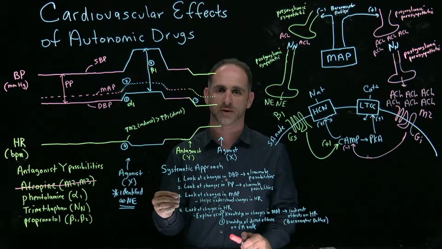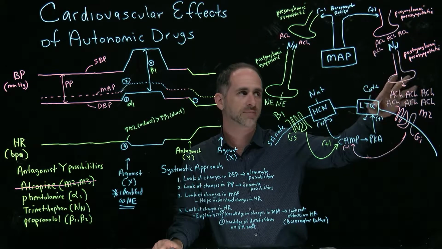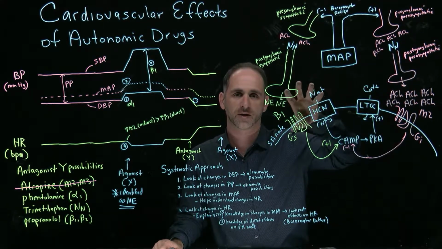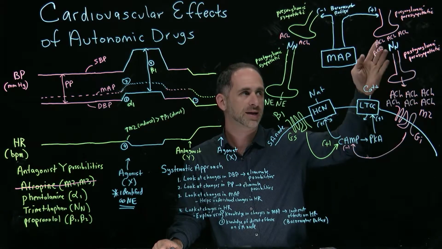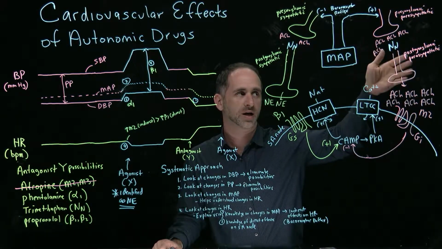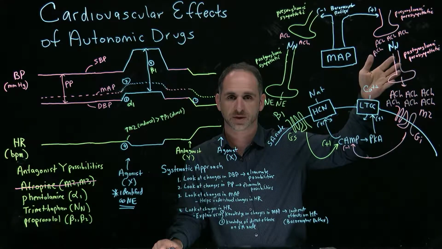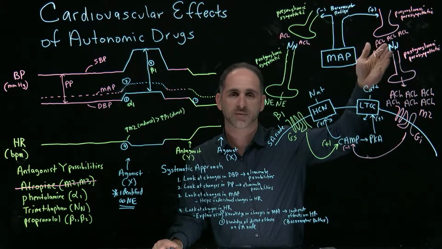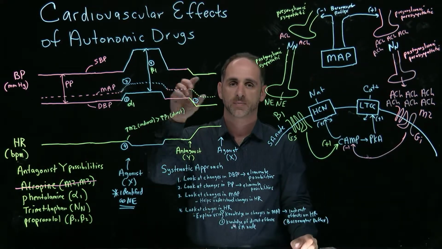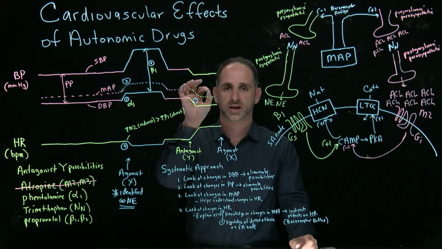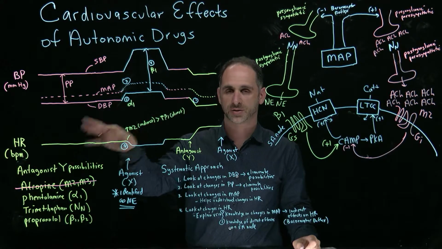Trimethaphan may not be so obvious, right? Trimethaphan blocks the NN receptors, and this diagram is just showing effects of the autonomic nervous system on the SA node, but please remember that the NN receptors are always on the postganglionic neurons of both the parasympathetic and sympathetic divisions. If I block the NN receptors, I'm not only blocking them here, but I'm also blocking them on the sympathetic postganglionic neurons that release norepinephrine onto those alpha 1s.